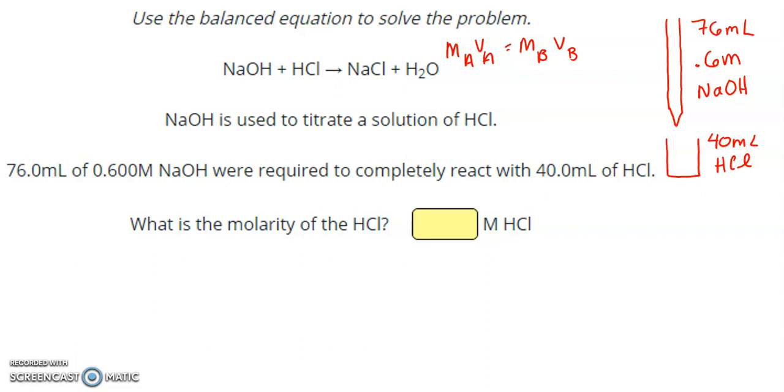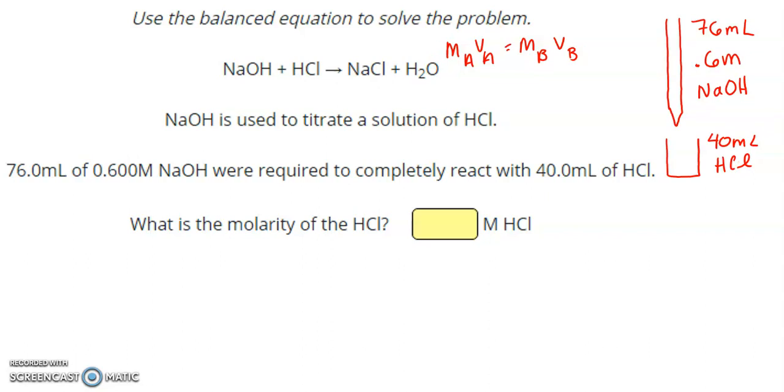I'm going to do this a different way, though, that always works, even if you don't have a 1-to-1 ratio, using the molar ratio between the acid and the base in your balanced equation. So I'm going to find my moles NaOH, then convert to moles HCl, then find the molarity HCl. Just know you can do this shorter way if you want to.